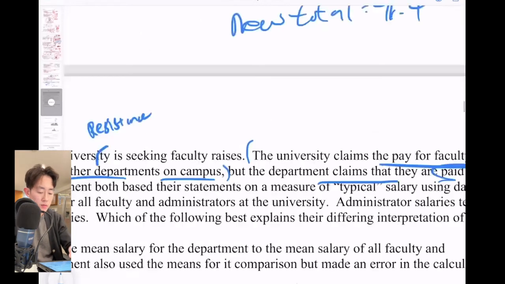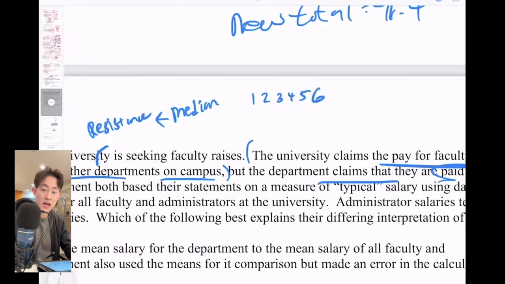For example, median is a resistant property, because if I were to give you 1, 2, 3, 4, 5, 6 as my set of data points, my median is 3.5 currently. But if I were to add a number at the higher end, say 100, which is a far extreme outlier compared to the rest, the average will be ridiculously high.